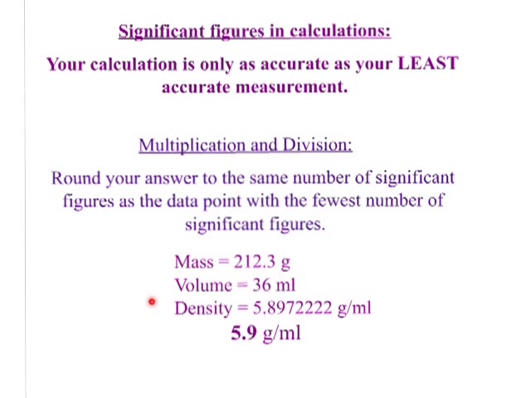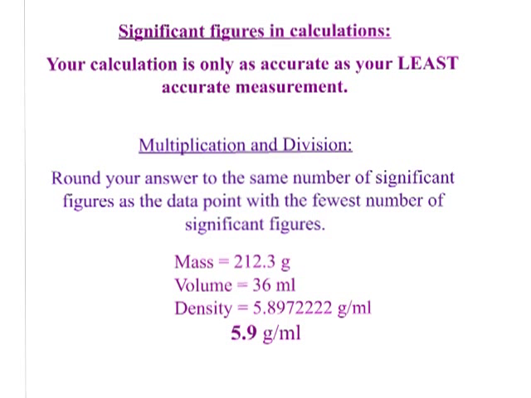So say I have mass and volume, and I'm going to tell the density of some substance. Well, that's going to be 212.3 divided by 36. That's going to give me this number on my calculator, in grams per milliliter, a great big long number. I don't want to write all of those sig figs down because I am not that accurate.